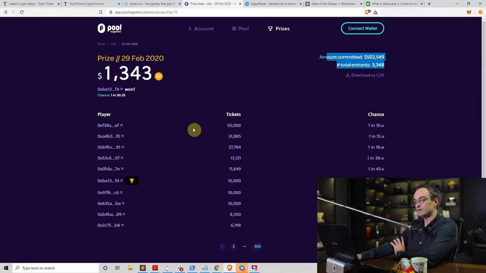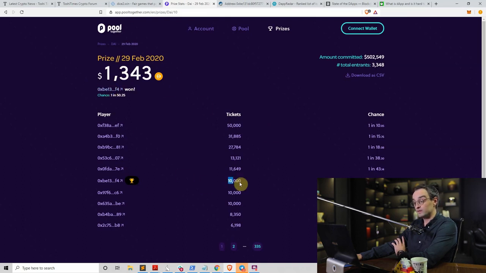And we can see here the different players with different amounts of tickets. And we can see here that this player with this address, we can explore that address, won the prize of $1,343 by inputting an amount of DAI tokens, an amount of money, to potentially win this prize.